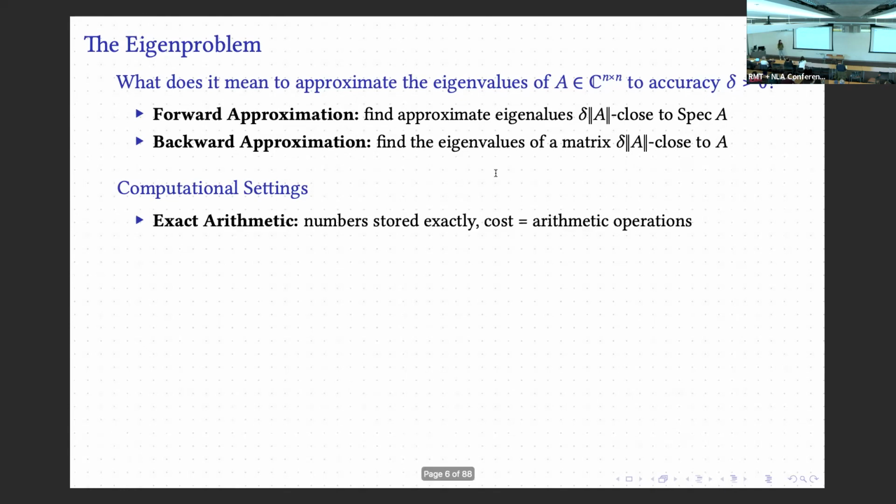One is exact arithmetic, where you imagine some idealized computer that can store real numbers exactly. And so the cost of the algorithm, maybe you could measure as the number of arithmetic operations.